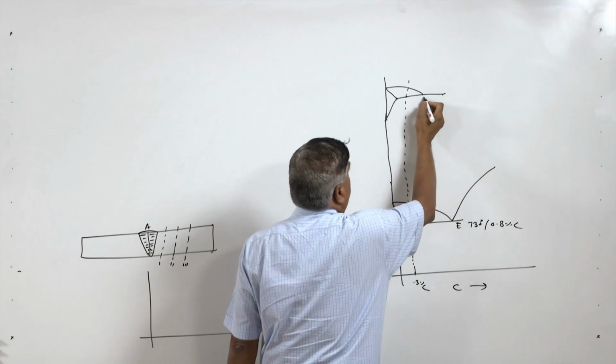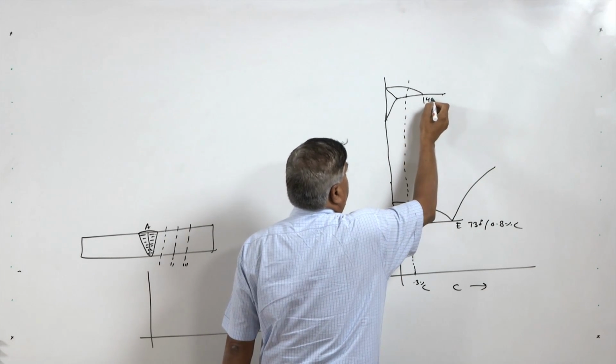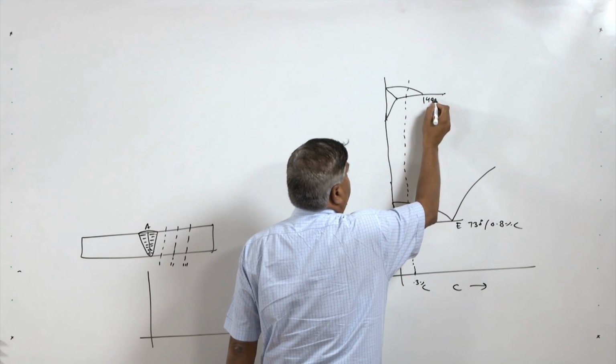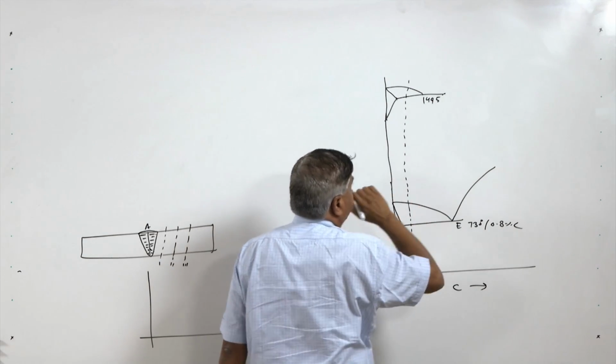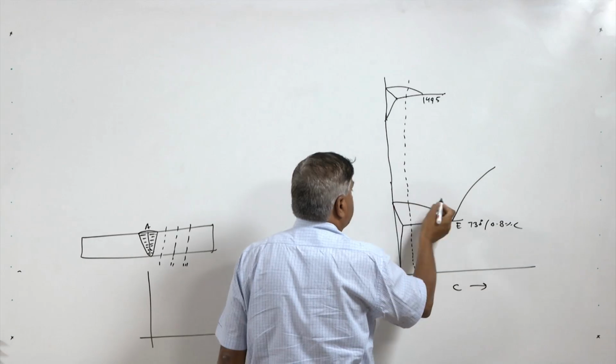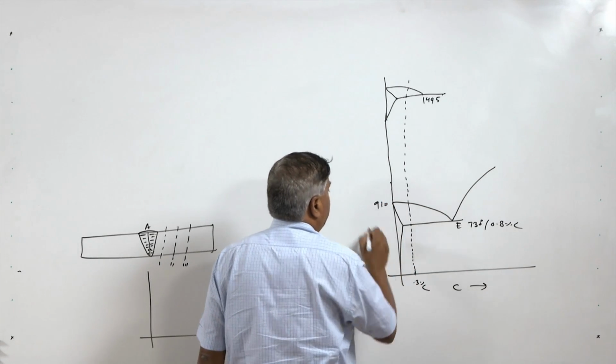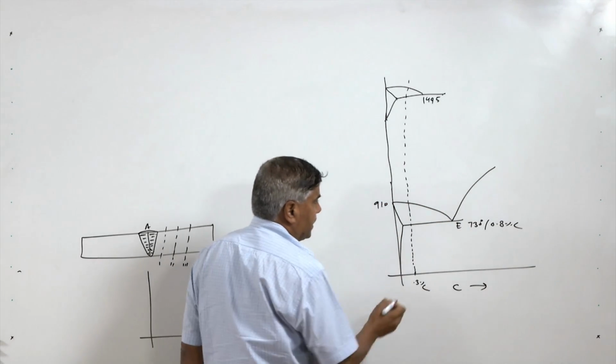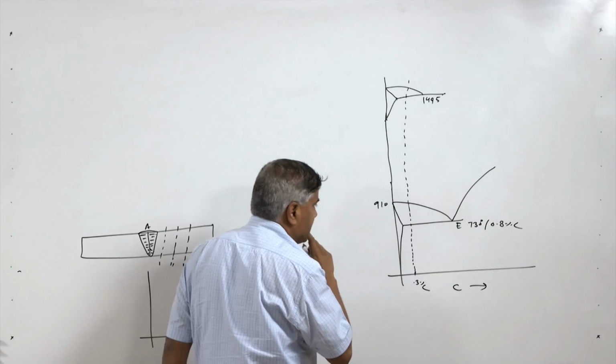So, this occurs at 1495, and we will see this is 910, 730 degree centigrade corresponding to 0.8% carbon content.